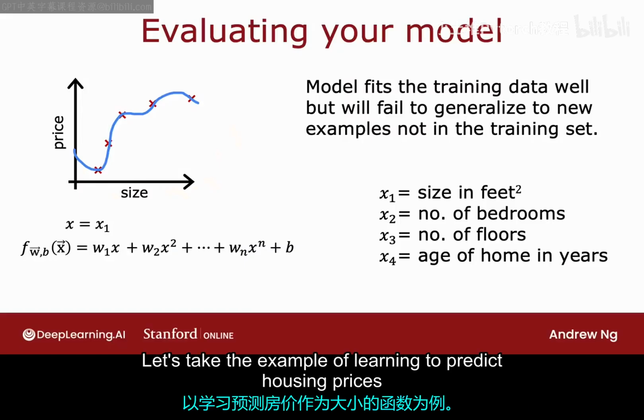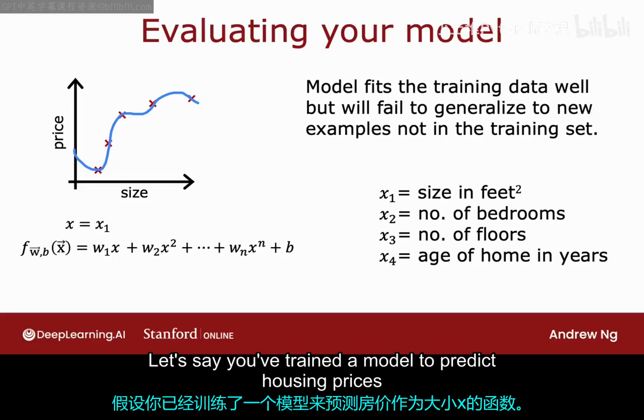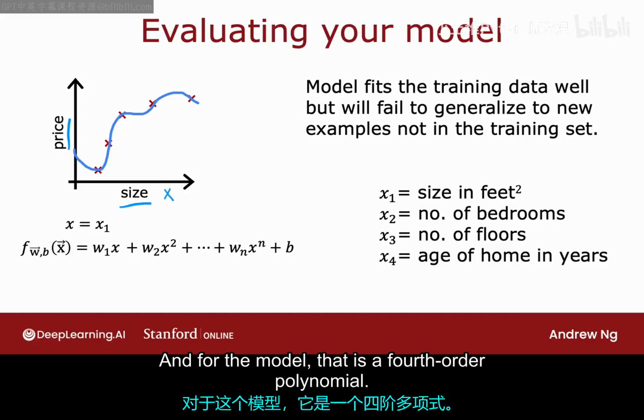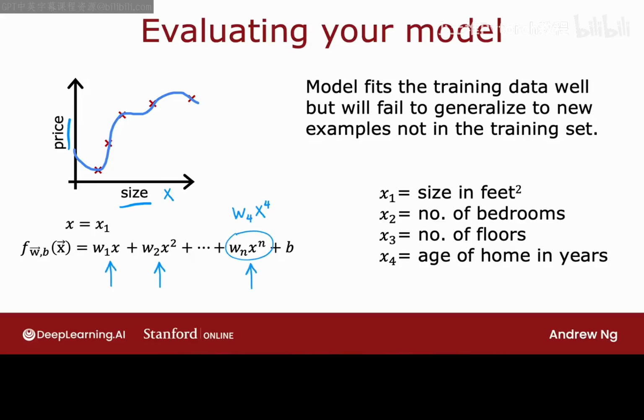Let's take the example of learning to predict housing prices as a function of the size. Let's say you've trained a model to predict housing prices as a function of the size x. And for the model, that is a fourth order polynomial, so it features x, x squared, x cubed, and x to the fourth.